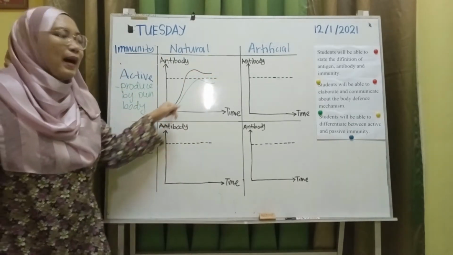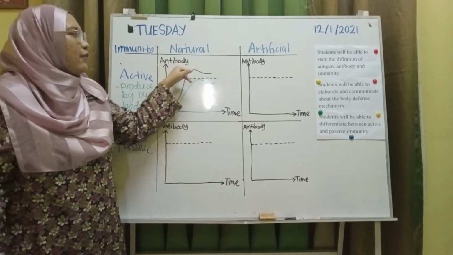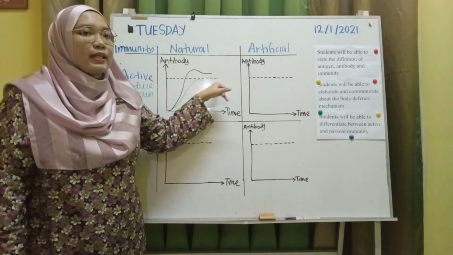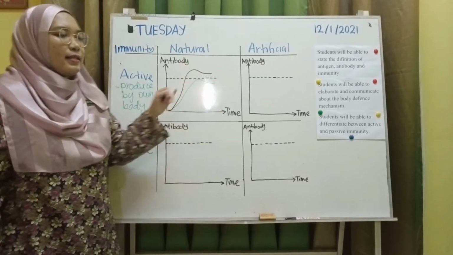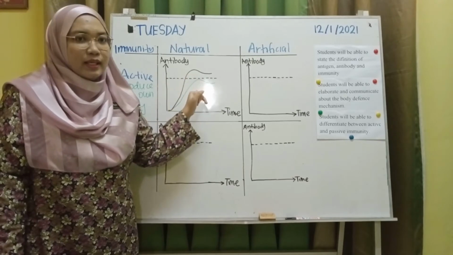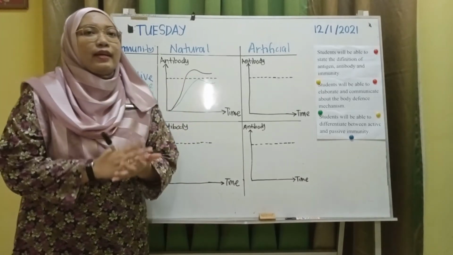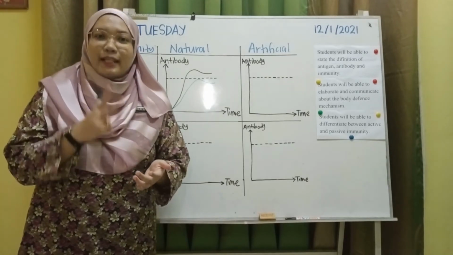It will go past the immunity level, and if it reduces, it will still stay at the immunity level. Yes. So this immunity is considered permanent immunity. So we cannot get a second experience of chickenpox.